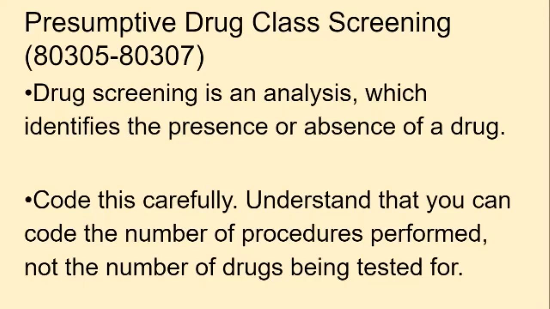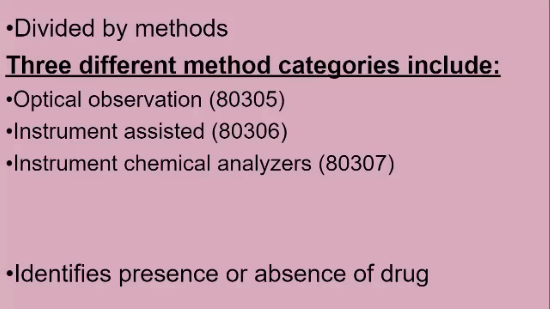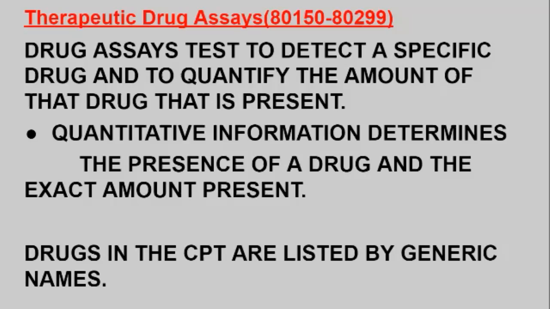Understand that you can code the number of procedures performed, not the number of drugs being tested. It's divided by methods, and there are 3 different methods: optical observation, instrument assisted, and instrument chemical analyzers, and those are your 3 codes to choose from. It identifies the presence or the absence of a drug.